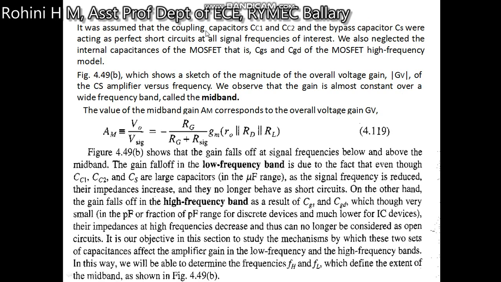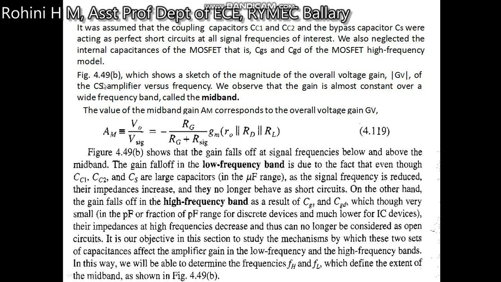It was assumed that the coupling capacitors CC1 and CC2 and the bypass capacitance CS were acting as perfect short circuits at all signal frequencies of interest. We also neglected the internal capacitances of the MOSFET, such as CGS and CGD of the MOSFET high frequency model.